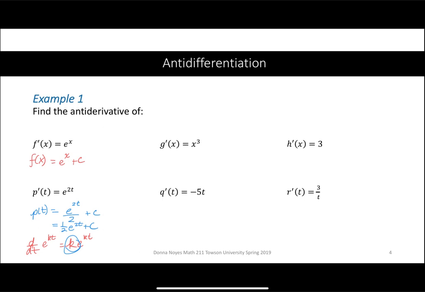Let's shift a little now from exponentials to polynomials. Let's have a look at g prime of x is equal to x cubed. So our derivative is x cubed. Remember that our power rule says in order to find the derivative, we would have had to bring the power down to the front and then take 1 away from the power.